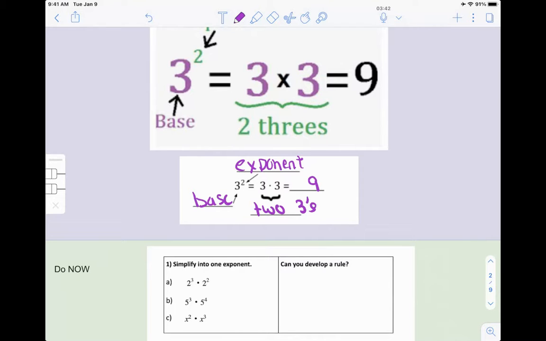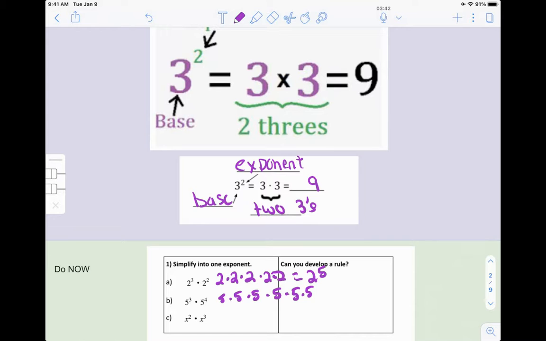So please take a second to simplify each of the expressions, writing them out in expanded form. In other words, 2 cubed is 2 times 2 times 2, and then 2 squared is 2 more 2's multiplied together, which is 2 to the 5th power. 5 cubed is 5 times 5 times 5, and then you're multiplying it by 4 more 5's.